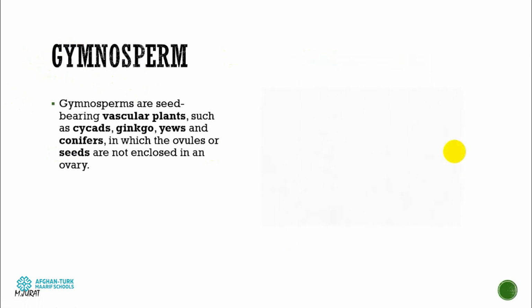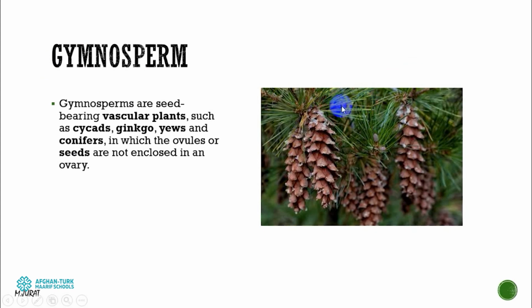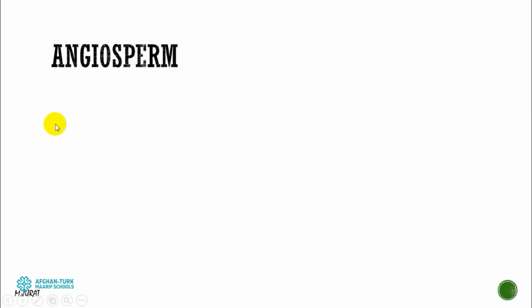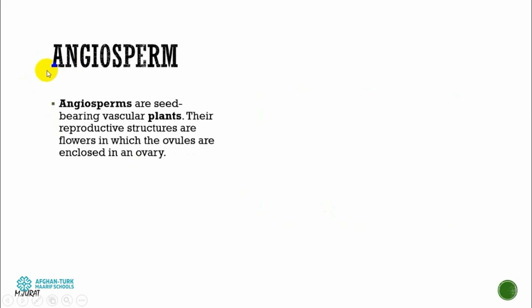A conifer is a tree with needle-like leaves, and it grows cone-like structures. These cones can be male or female. Suppose one is male and the other is female. They have male and female gametes, and the male gamete can travel with the wind to the female one, and they can reproduce like this.